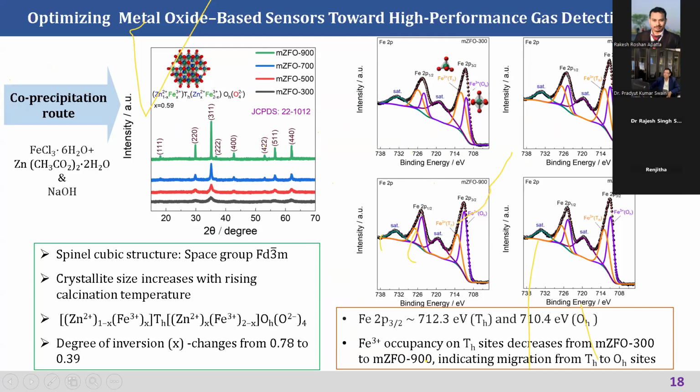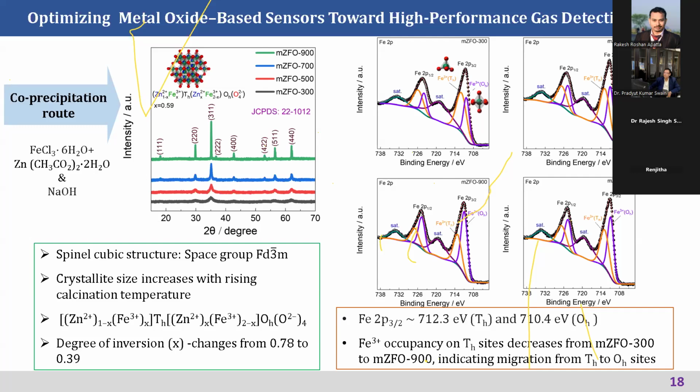Usually the data will be emitted radiation intensity as a function of binding energy. I don't want to go into the details of it. It is calculated from the X-ray energy and the kinetic energy, and then finally the binding energy is calculated. So what you get from XPS is photoelectron intensity as a function of binding energy.